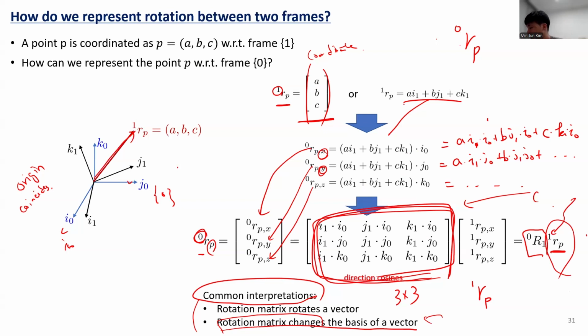That means the bases are I1, J1, and K1. And if you apply the rotation matrix, then for this vector, our basis is I0, J0, and K0. So it's a change of basis. These two interpretations are quite common.